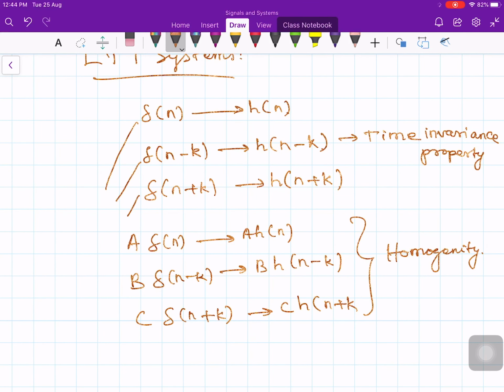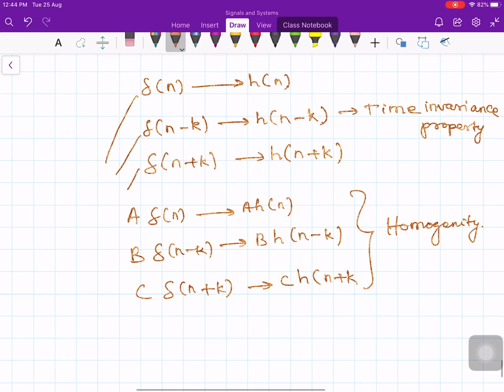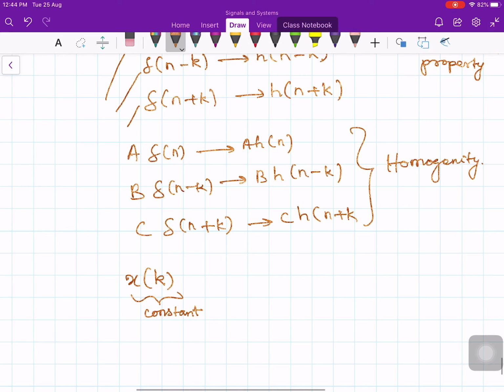By the same token, if I multiply some other notation, let us say x of k, let us assume this x of k is some constant value, times del of n minus k. But before going there, let me show you one more thing, then I will come back to this.